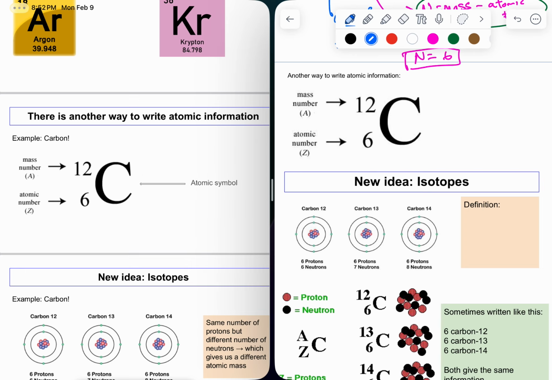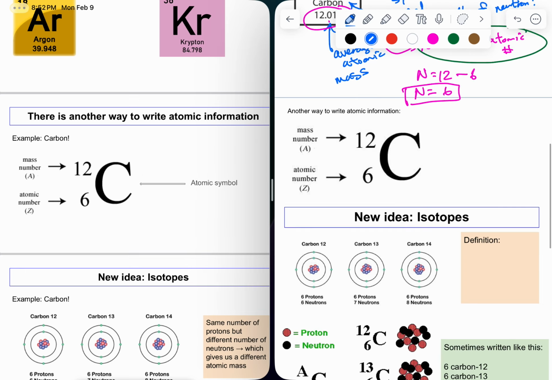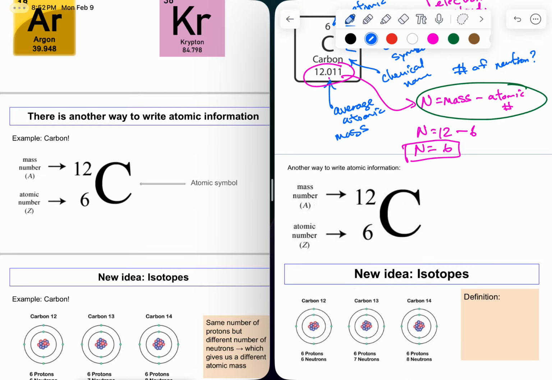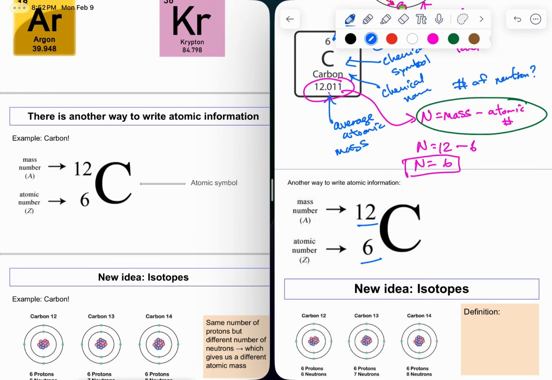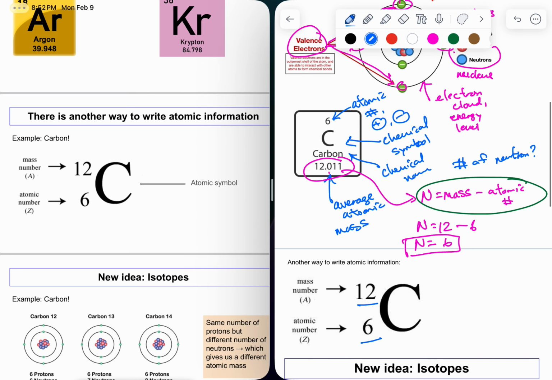Okay, so here's carbon 12 again. So here is the mass number, the rounded mass number. It's 12, and then here's your atomic number. Remember, the atomic number gives you the proton, so it gives you the proton, neutron, and electron information.